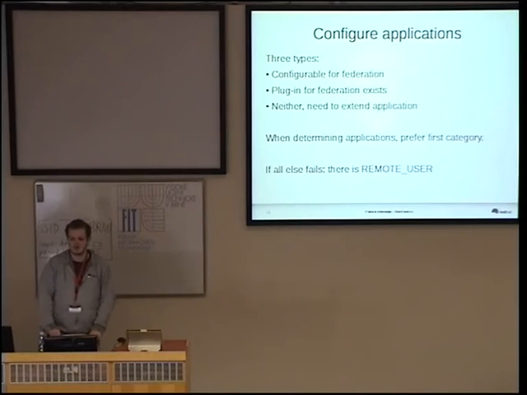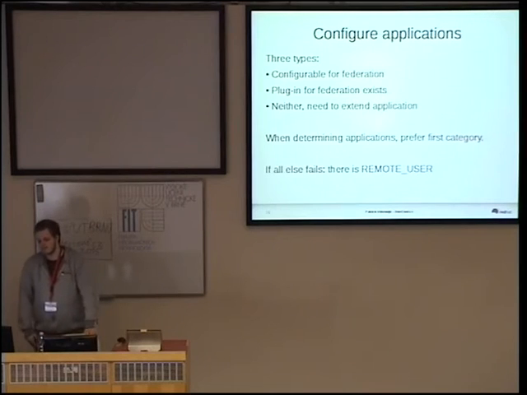Either it's already built into the application and you just need to configure it, for example for Garrett, which is very easy to do. Or there might be a plugin available, for example that's the case with MediaWiki. It's not built into the core, but there's a plugin available. Or you need to extend the application and add support for any of the protocols you're using.